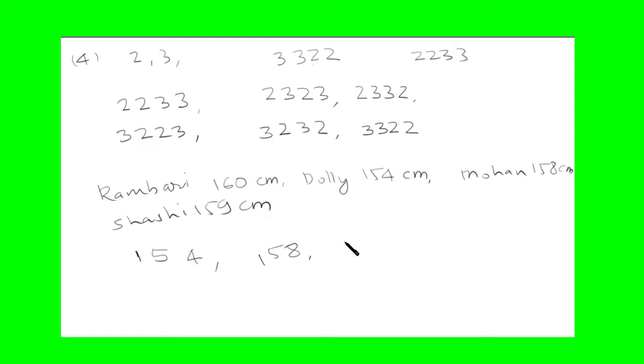Then 159 is the height of Shashi, and then 160 is the height of Ramhari. So this is our ascending order.